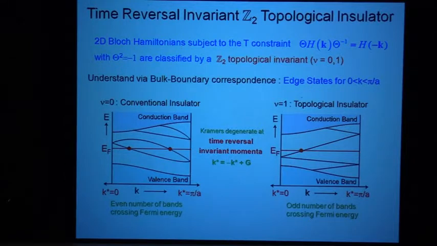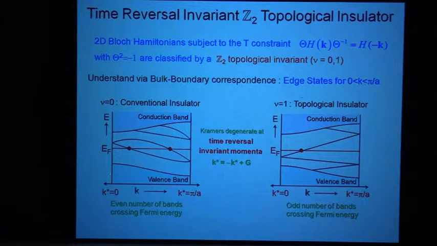The other half, going from k equals 0 to minus pi, is just a mirror image of this because of time reversal symmetry. Now at k equals 0, I have the valence band and the conduction band, and depending on the details of the potential at the boundary, there could be states which are inside the energy gap but are localized at the edge.